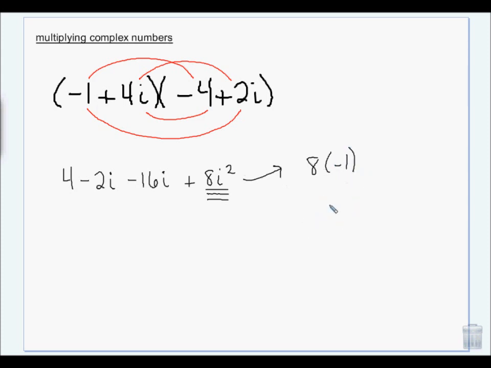You never leave an i squared hanging around. So this is negative 8. So I have 4 plus negative 8, so that's negative 4. And then I have negative 2i minus 16i, so that's negative 18i.